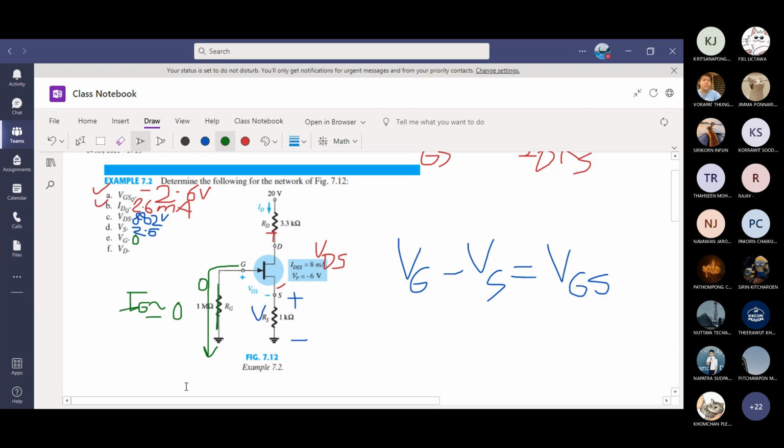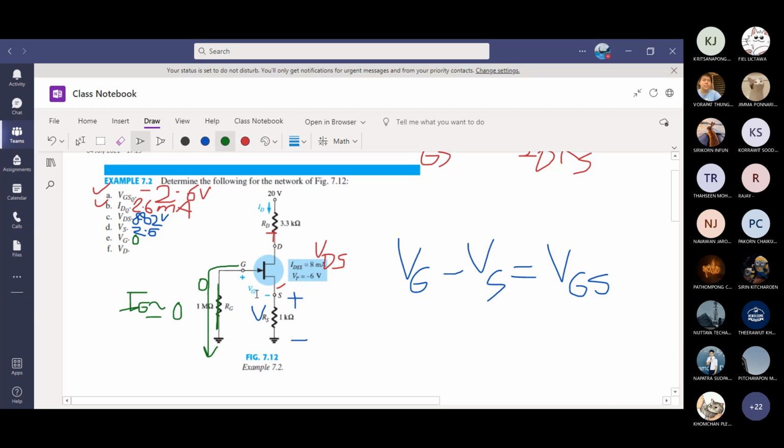What about VD, the last one? VDD minus IDRD. 20 volt minus 2.6 milli times 3.3 kilo ohm. So VD, last one.